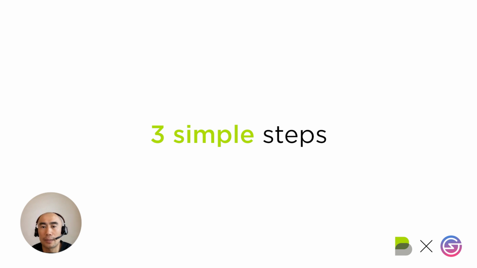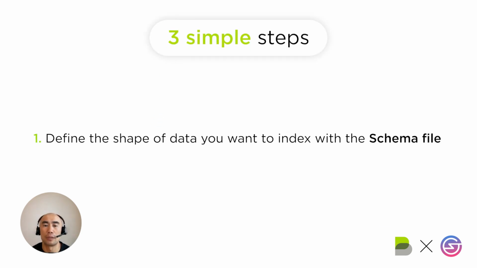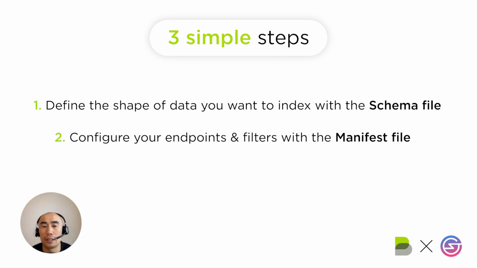Now, to actually get this project up and running, there are 3 simple steps. Once you've initialized your project, which we will do shortly, you want to define the shape of the data that you want to index. And this is done inside what's called a schema file. In here, you'll define the fields that you want to index from the blockchain. Step 2 of 3 is you want to define or configure your endpoints and the filters within what's called a manifest file.